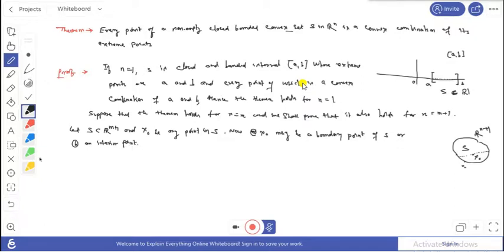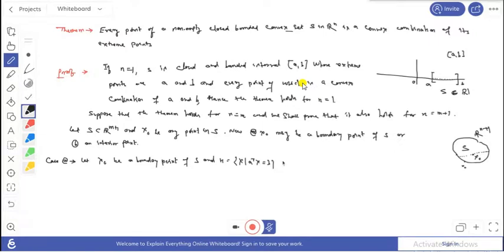Here, if we deal with the first case, let x naught be a boundary point of set S, and suppose H, the hyperplane, is the collection of all x such that A transpose x equals b.